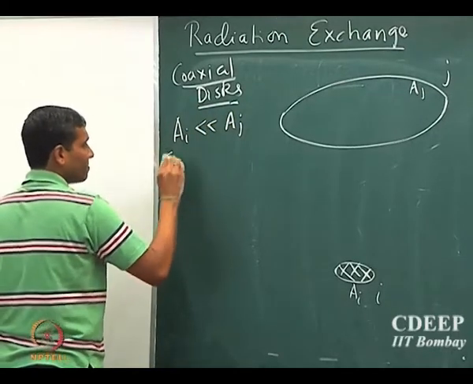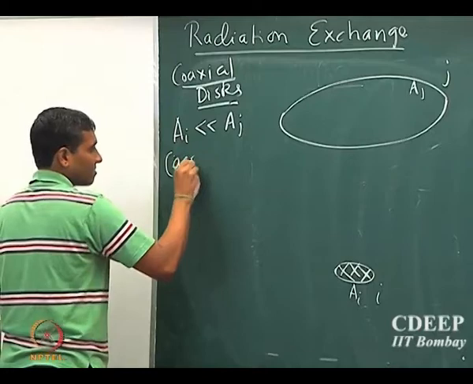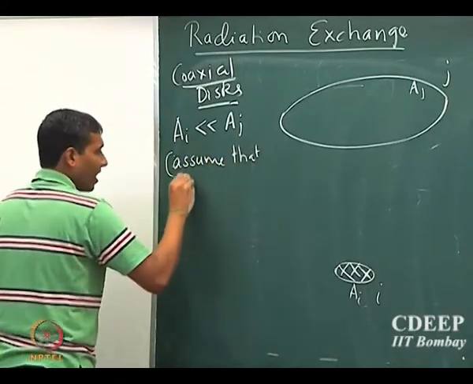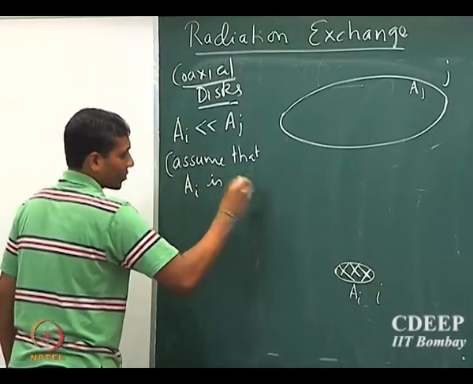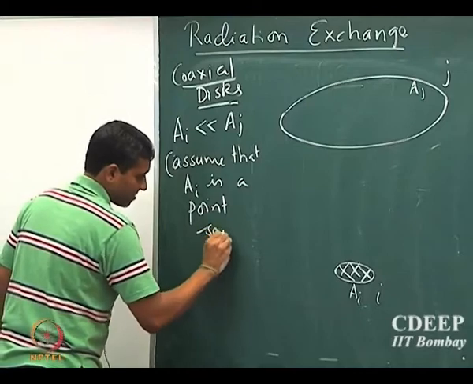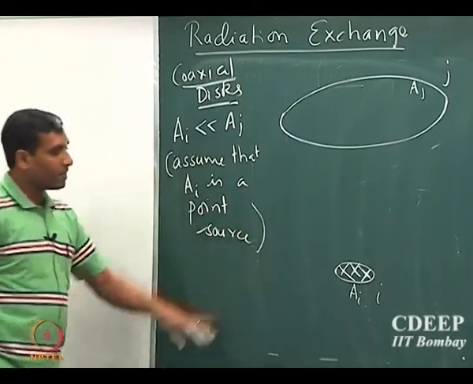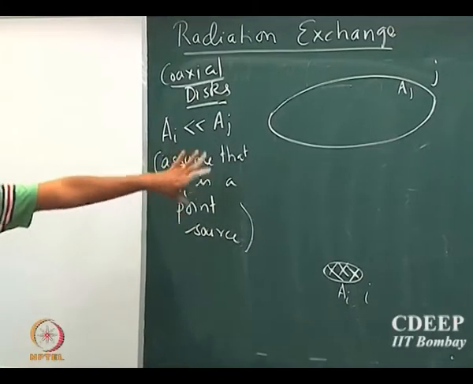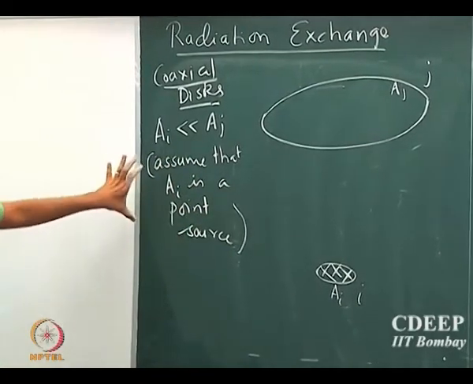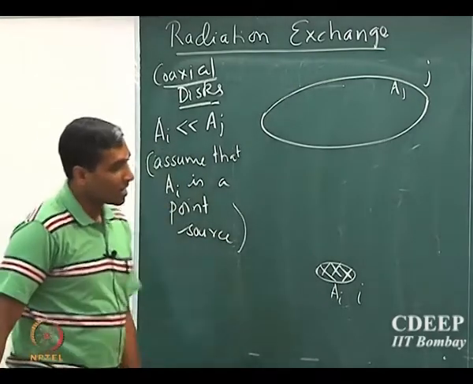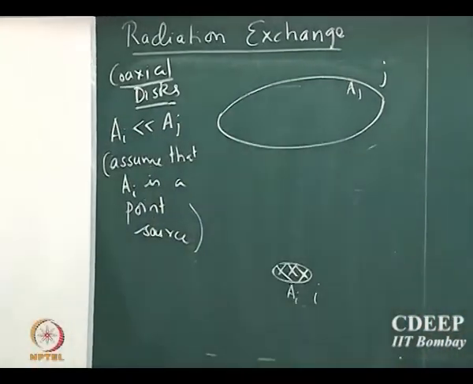So we assume that Ai is a point source. We will relax this assumption in the next lecture, where I will show that there is another method to calculate when Ai is not a point source. So right now assume that Ai is a point source.